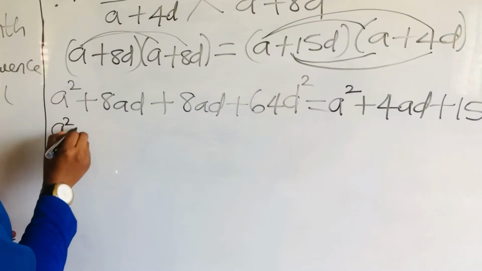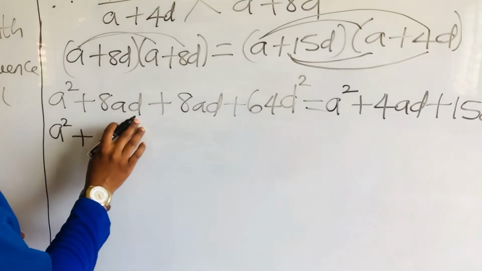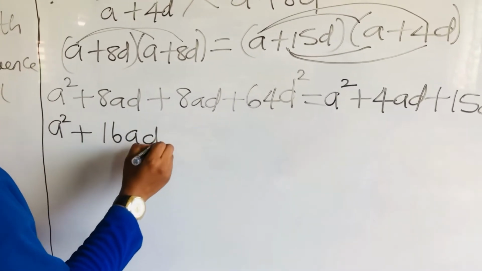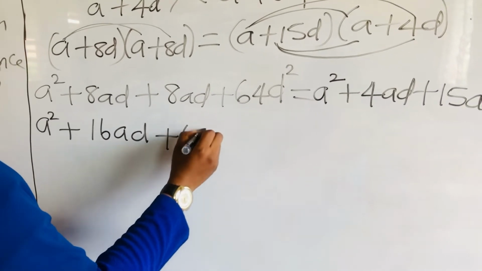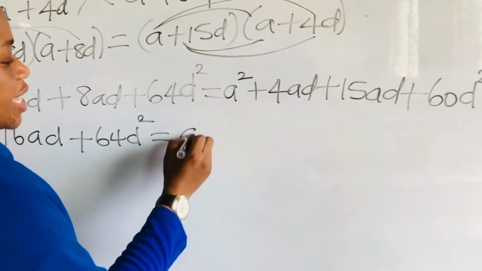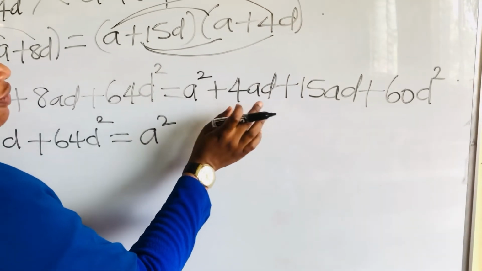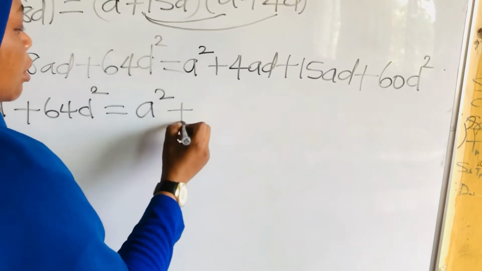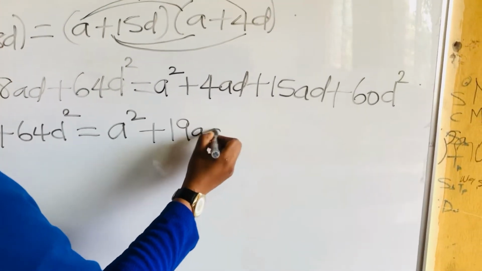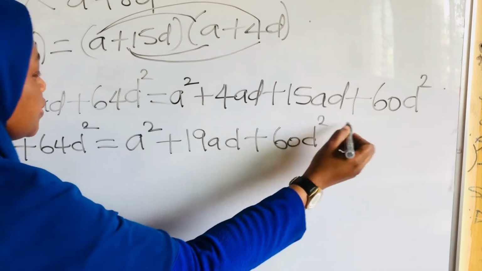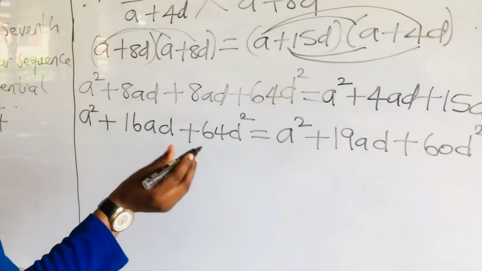a squared plus 8ad plus 8ad gives 16ad plus 64d squared is equal to a squared plus 4ad plus 15ad gives plus 19ad plus 60d squared. Now let's collect like terms.